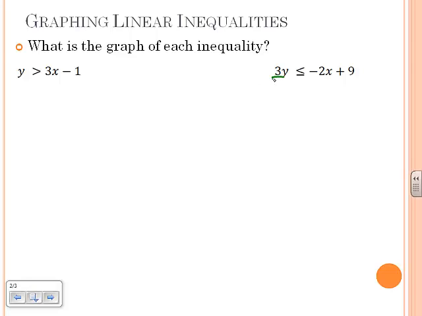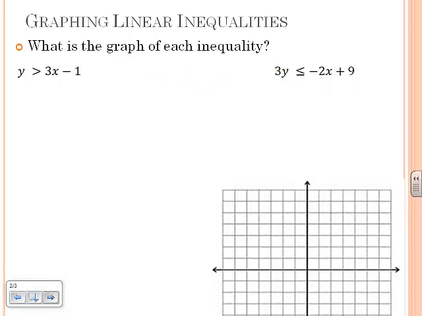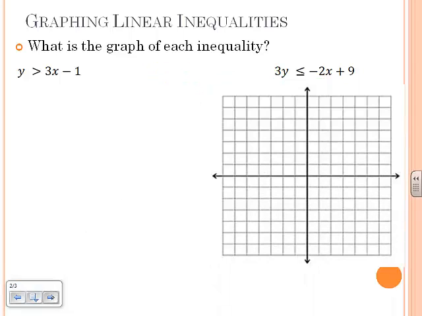So we're going to start by dividing everything by 3 so that we can isolate y. So we get y is less than or equal to -2/3 x plus 3. Now we're in mx plus b form, so now we can make our graph.